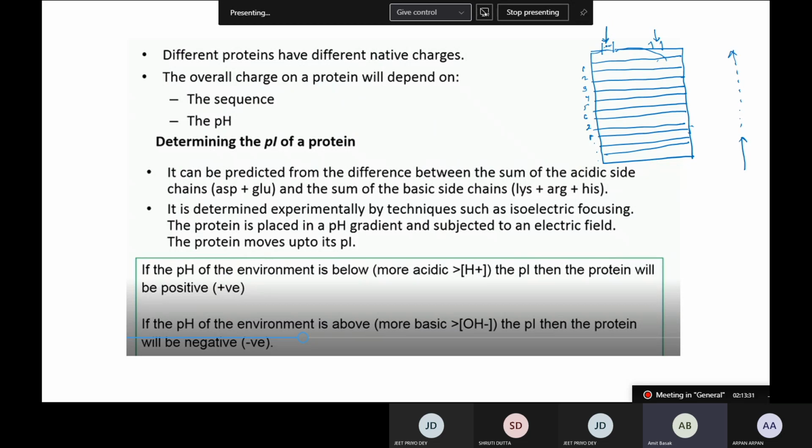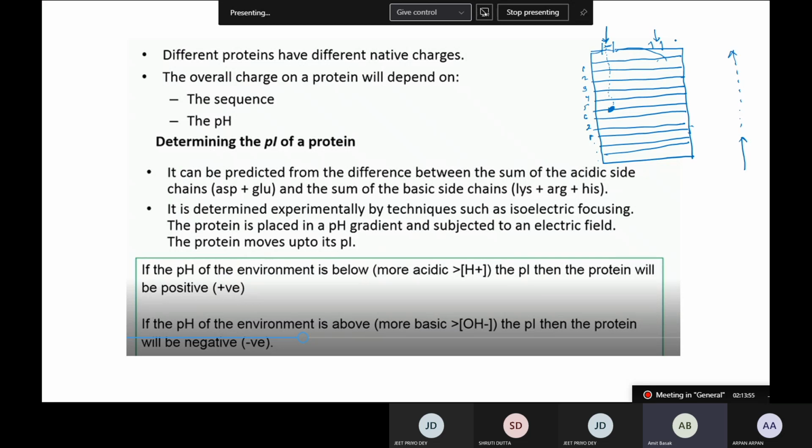Suppose the protein is neutral at pH 5. The protein will start moving under the electric field, and at pH 5 it will stay there because it is neutral in this pH range. After that it will not move.